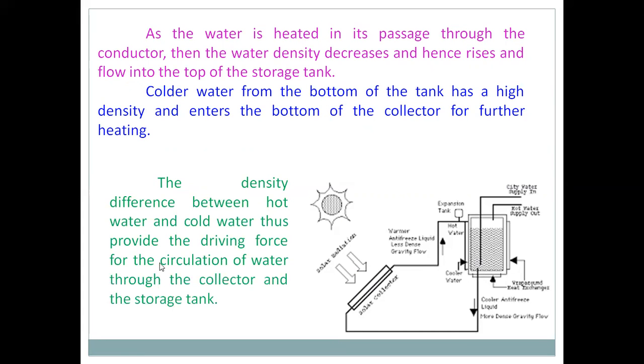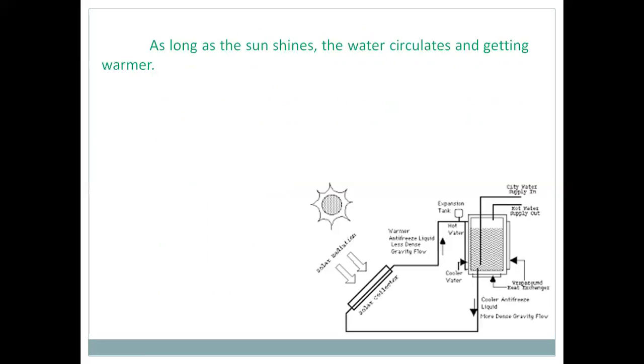So the density difference between hot water and cold water provides the driving force for circulation of water through these insulated pipes. This is called natural convection. That is the natural solar water heater. Of course, as long as the sun shines, the water circulates and gets warmer.